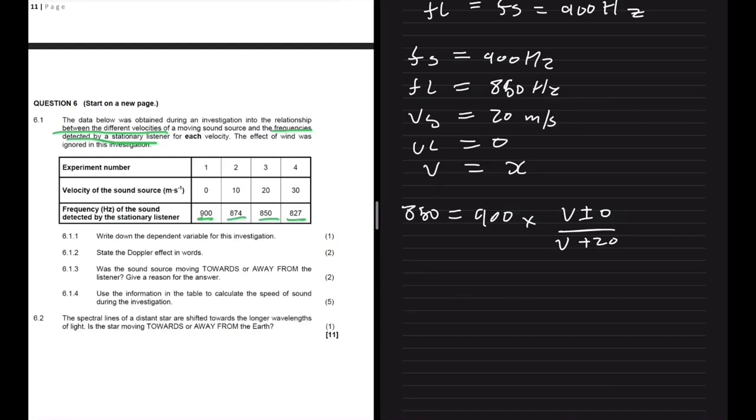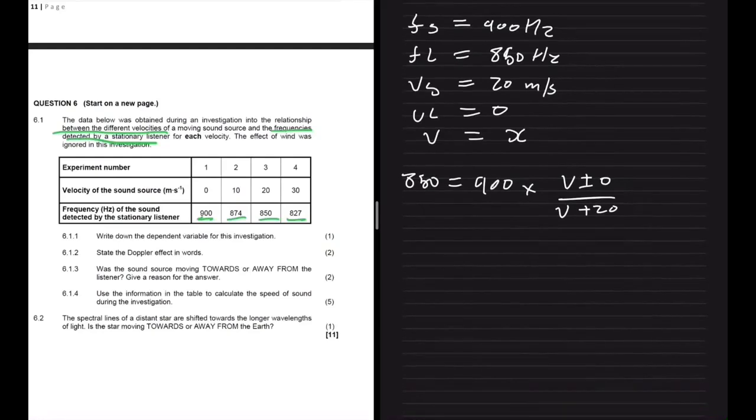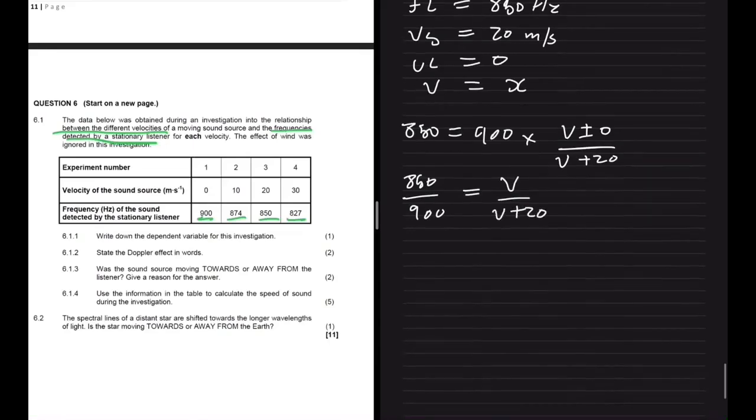If the source was moving towards, then we would have a subtraction on the denominator. So let's divide both sides by 900. We get 850 divided by 900 equals V divided by V plus 20. Let's multiply: we get 850V plus 850 multiplied by 20 equals 900 multiplied by V. Let's take the 850V to the other side.